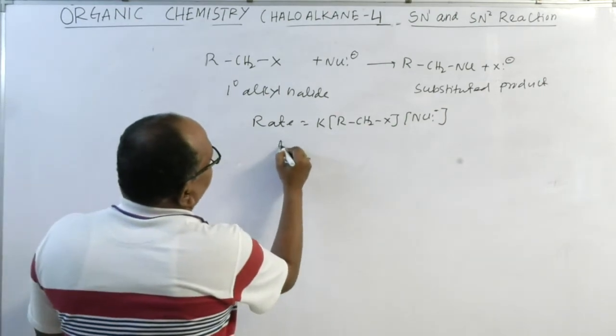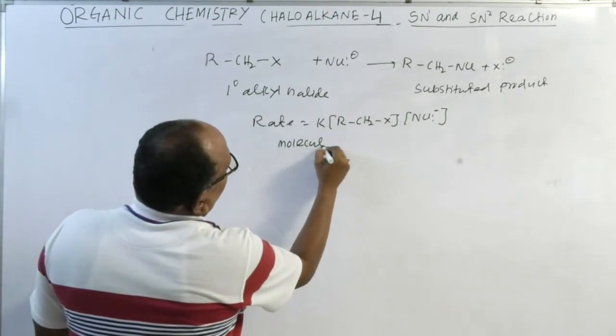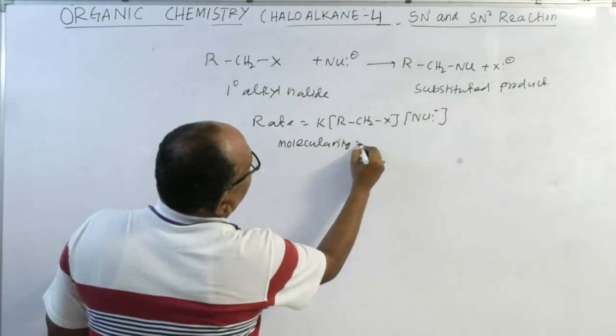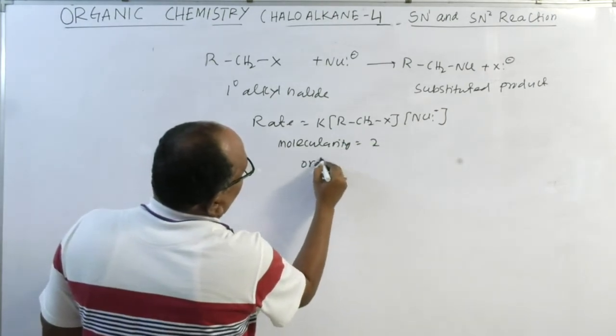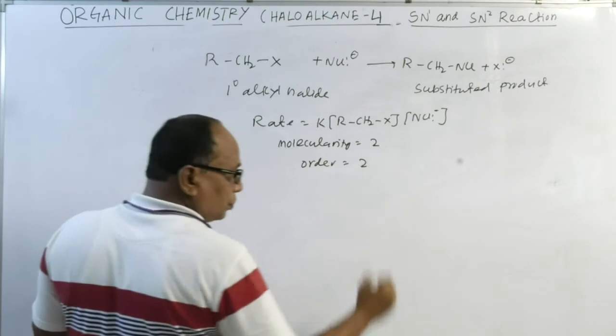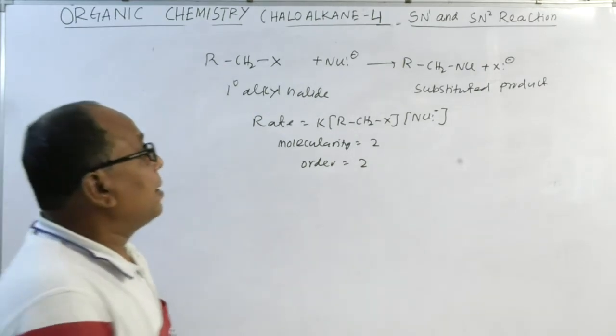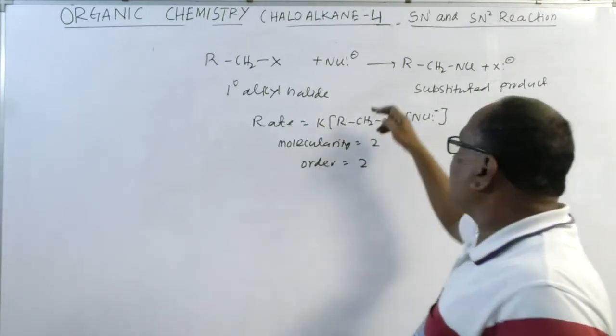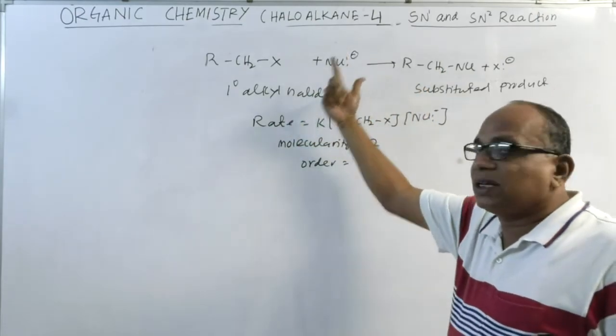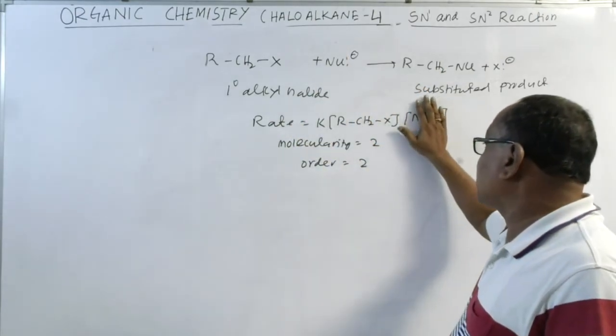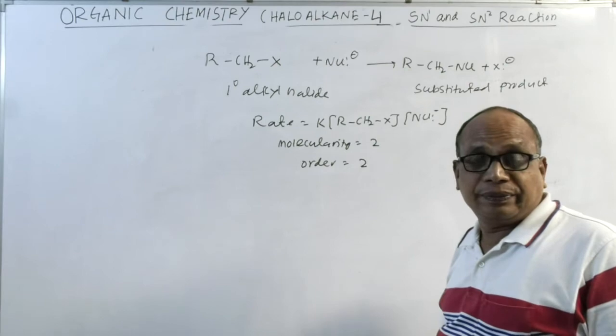So the molecularity is 2, and the order is also 2. It means when the concentration of the alkyl halide increases 2 times, the rate increases 2 times, keeping the concentration of nucleophile constant.